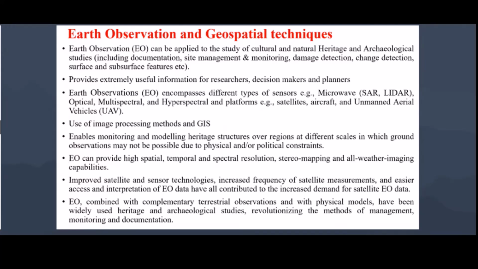Also, the pattern of vegetation or the pattern of soil, how there is an anomaly from the normal, if that can be studied, then what we can do is detect the unknown and see the context. So we can look at what is not visible to the apparently visible, and then we can also see the context and do a very enhanced interpretation and go for investigation or examination in detail of the site in question.